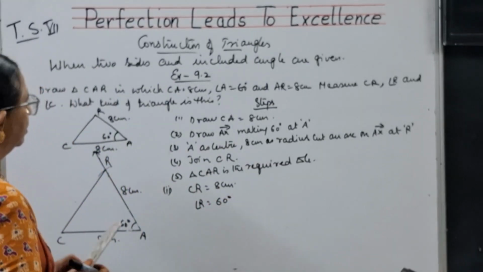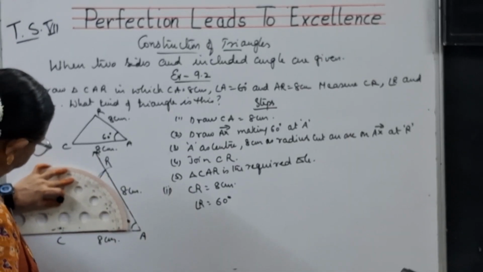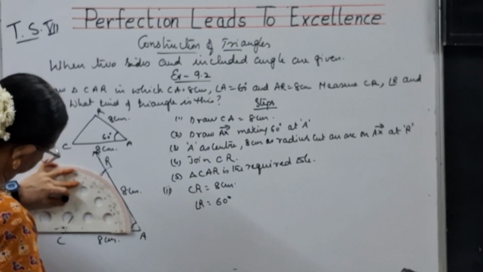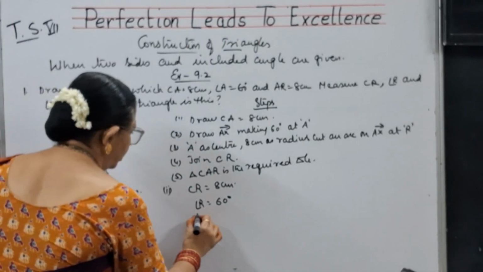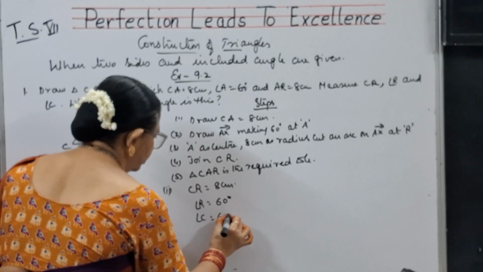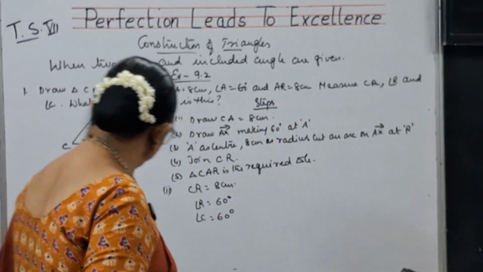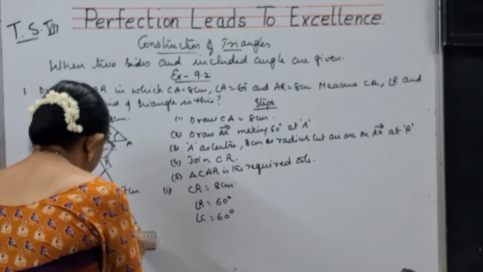And what else are they asking? Angle C. So here also if you keep the protractor, you will be getting 60 degrees. So angle C is equal to 60 degrees. So when you have got these measures, let me thicken it, children.